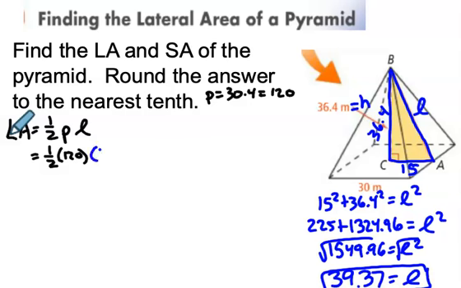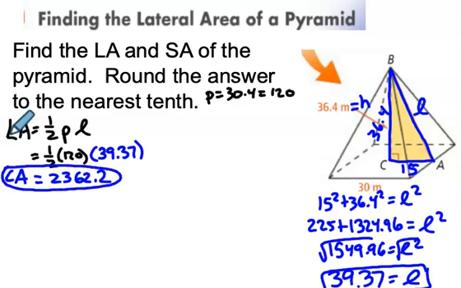I'm going to give myself more space for that. At that point, I'm able to do 1/2 times 120 times 39.37 and get my LA of 2,362.2. That's LA. That's one of the answers, because they're asking for LA and SA.